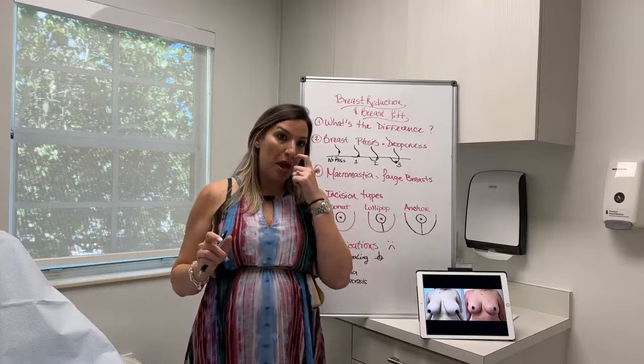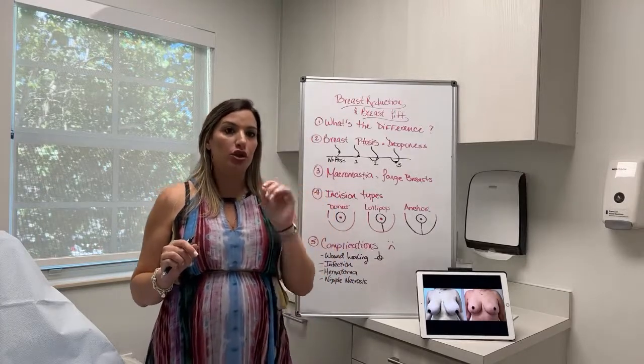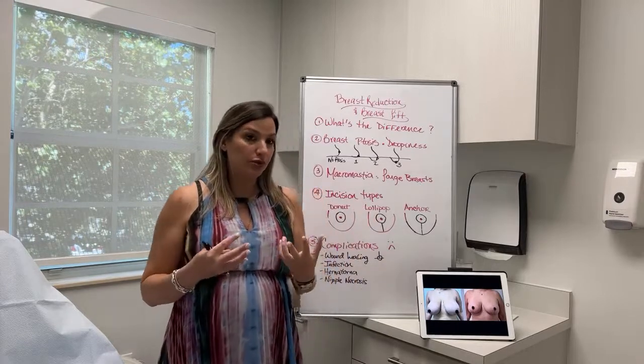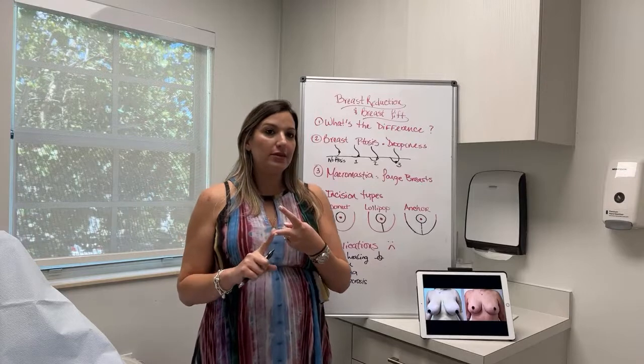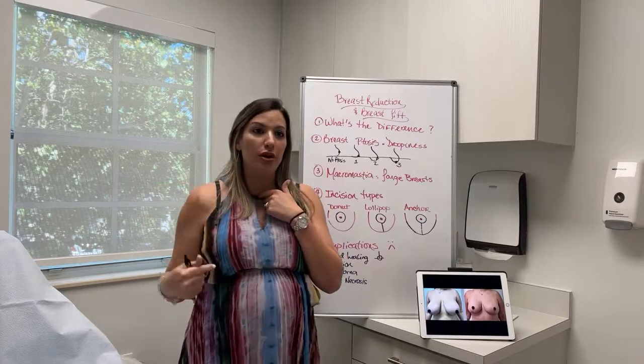What is it that I'm going to be looking at to determine if we can or not? One is the amount of breast tissue I need to remove, and the other one is the distance from your neck to your nipple, okay?